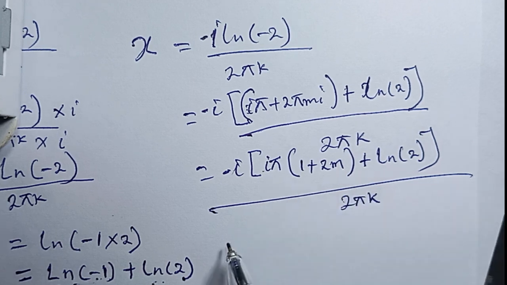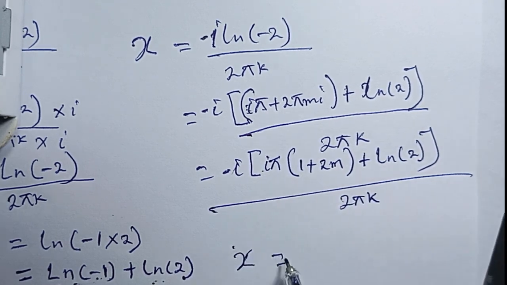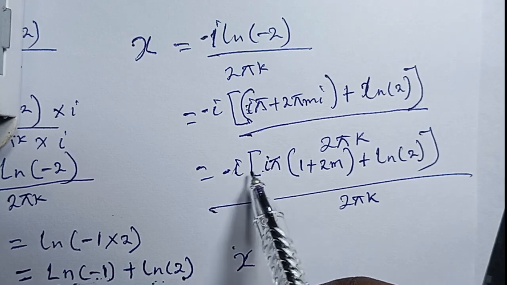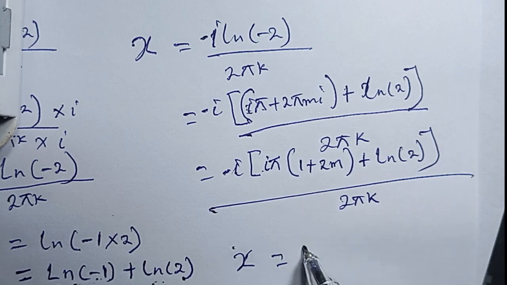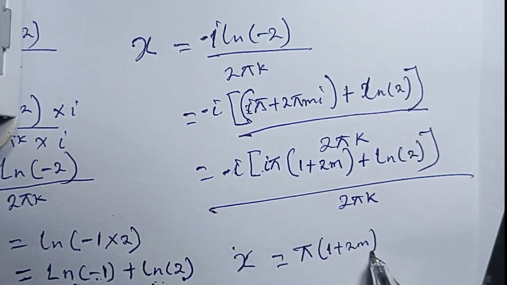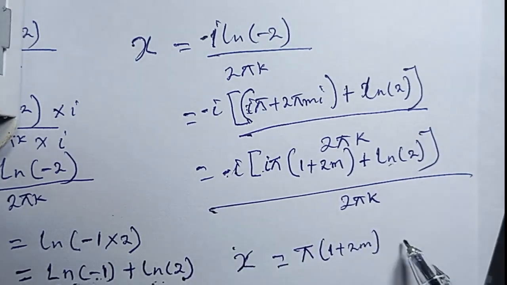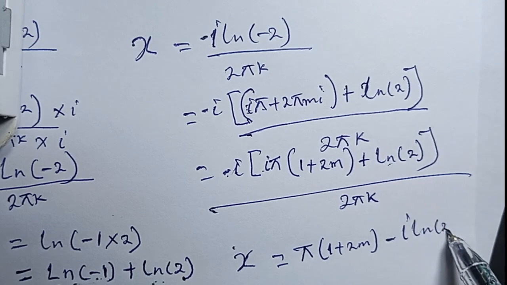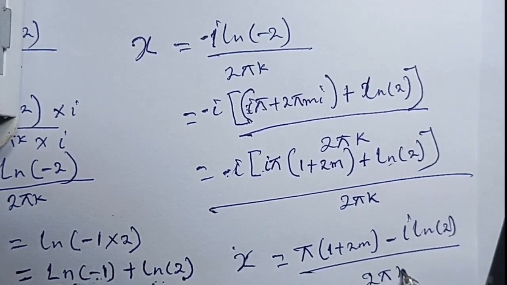If I multiply this out, my solution is going to be equal to: minus 1 times minus is plus, so I have pi into 1 plus 2m, and then when this minus i multiplies natural log of 2, I have negative i natural log of 2, divided by 2 pi k.